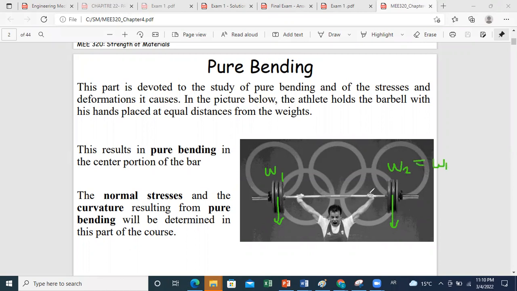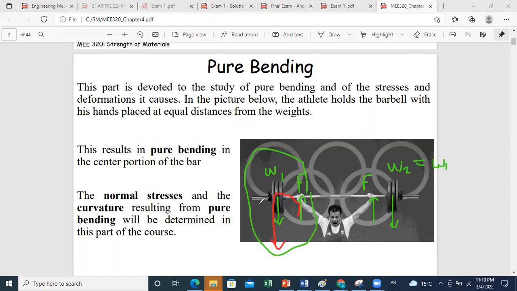And the athlete will develop upward forces in order to hold the system. And for equilibrium condition, the forces applied will be equal in magnitude. And as you can see then, F and W1 will create a couple that is counterclockwise.